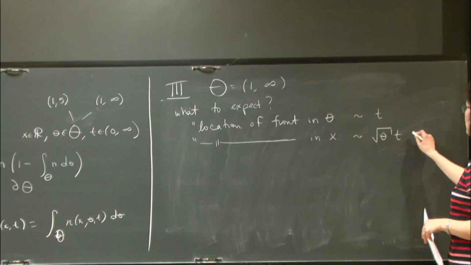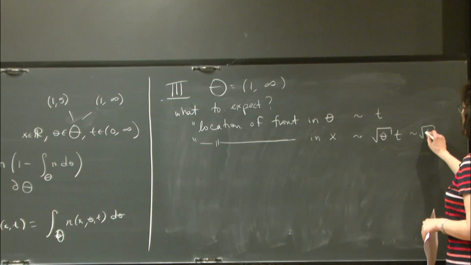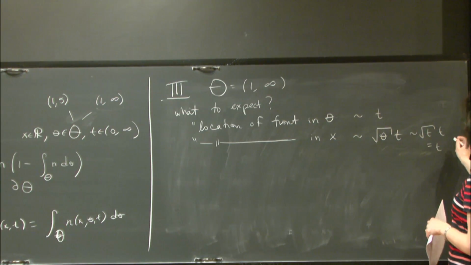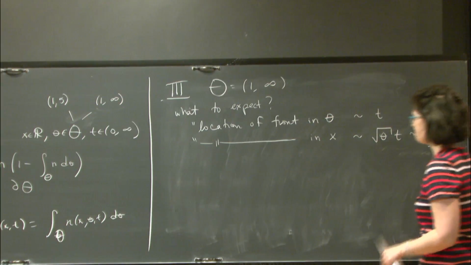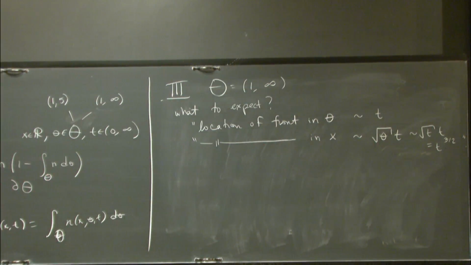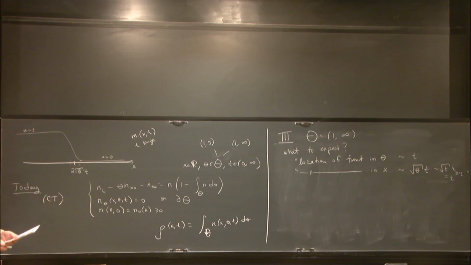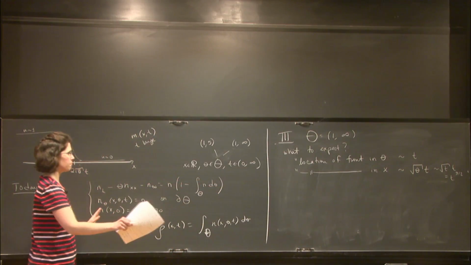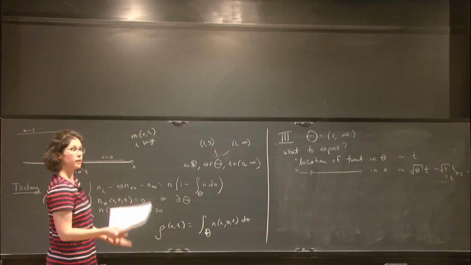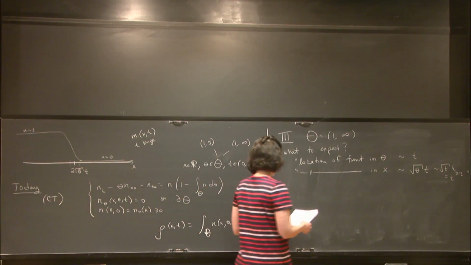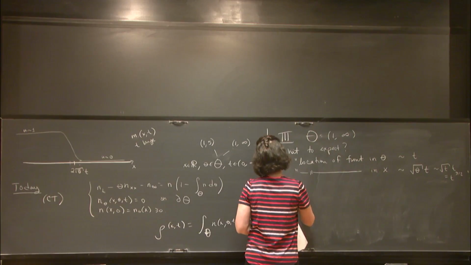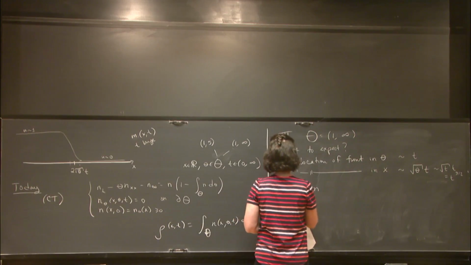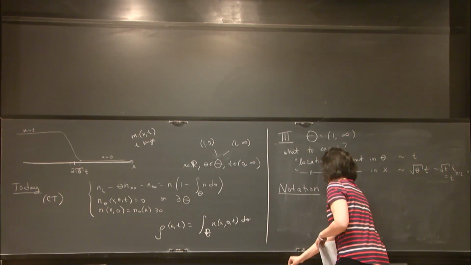But we said that theta was like t, so this is t to the 3/2. And in fact, this hand-wavy guess is actually correct. All the results that I'll show find propagation with rate something times t to the 3/2. So let's, notation. Maybe let me circle this.